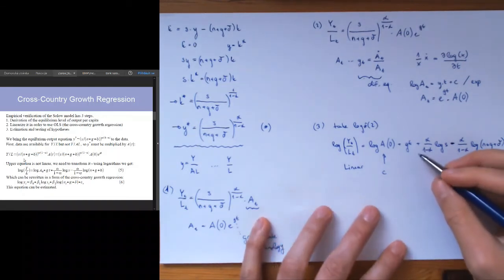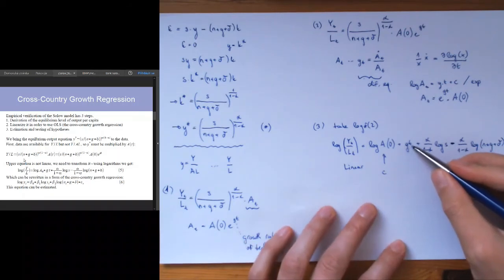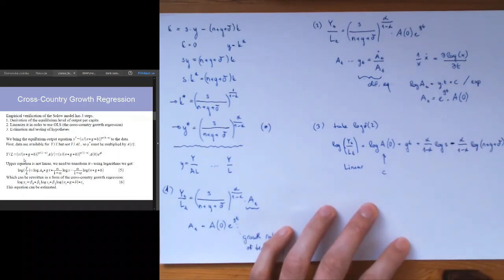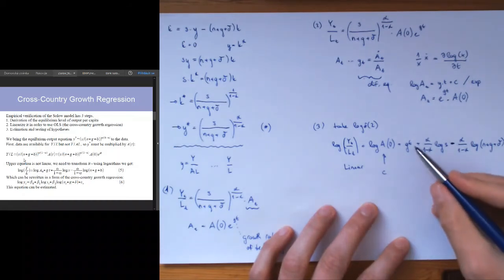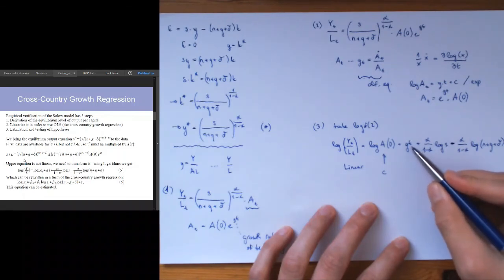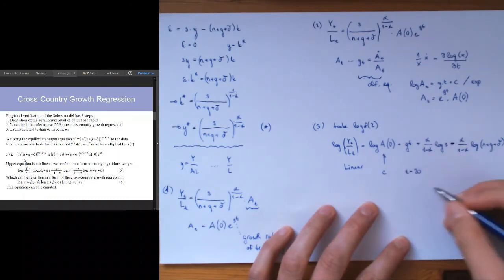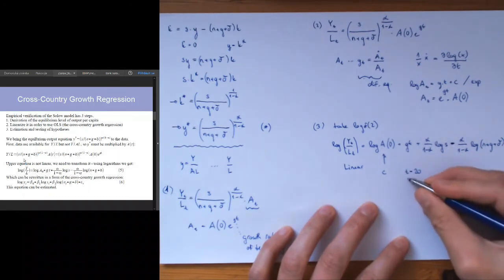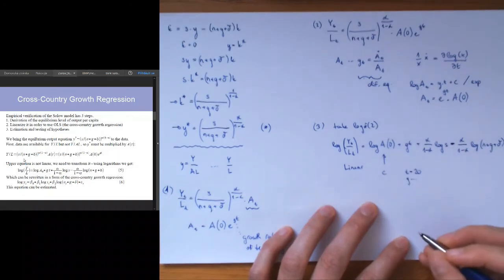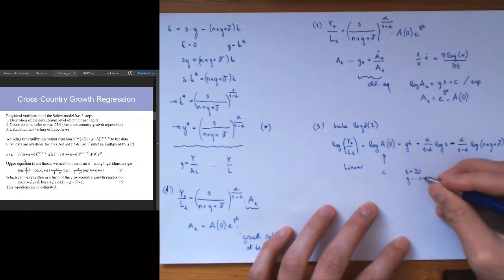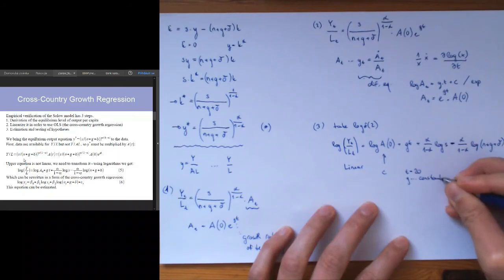A similar issue is related to the g times t expression. We will apply this regression to cross-sectional data, where we have some number of years for which we are studying economic growth. In our case, it will be 20 years, so t would simply equal 20, which is constant for all countries, and g is again some constant number.